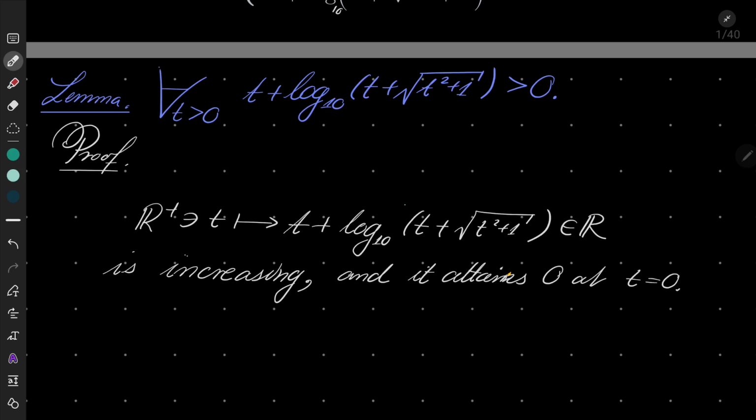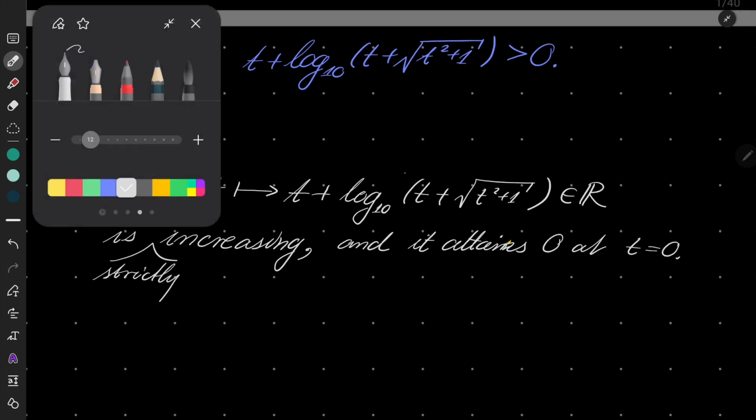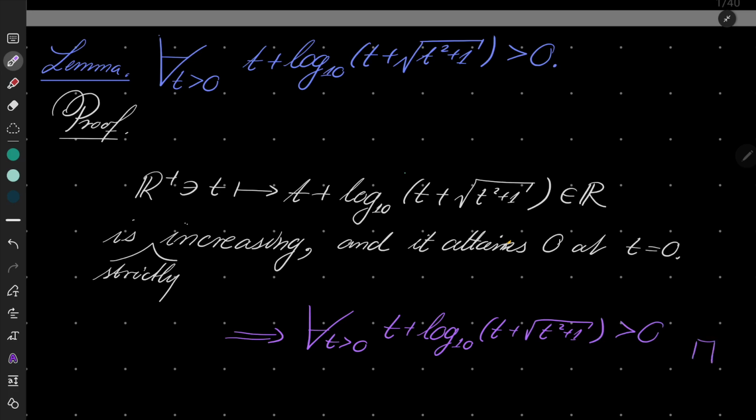Well, if I plug in t equals 0, I have 0 plus decimal logarithm of 1, which is 0. And since our function starts at 0 and is strictly increasing, that means obviously that for every t greater than 0, our function is in fact greater than 0. And that closes the proof of our lemma.